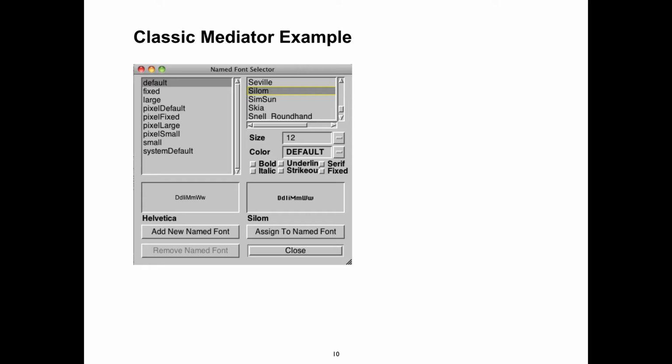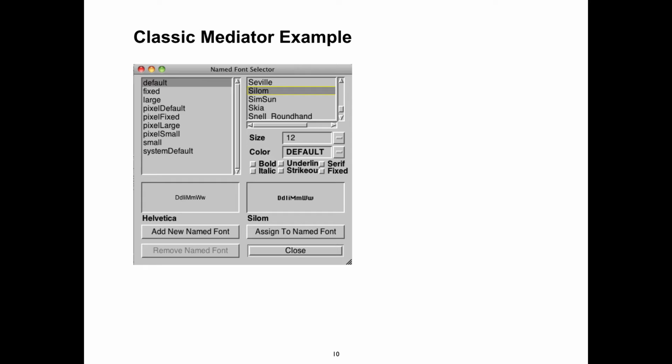No, but the problem is, in this example, what happens when I select this pixel size? This has to update, and that has to update, and that has to update, and that has to update, right? And either we hardwire that list to do it automatically, or we tell a mediator, look, the selected name font is changed.